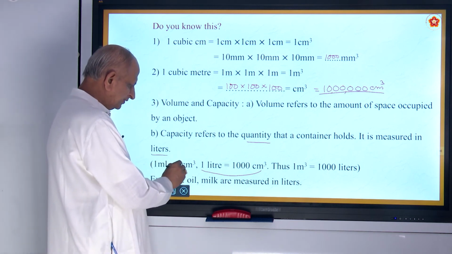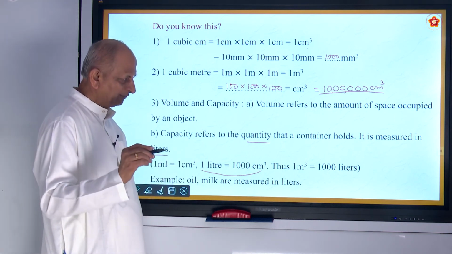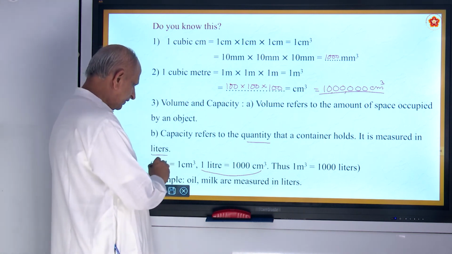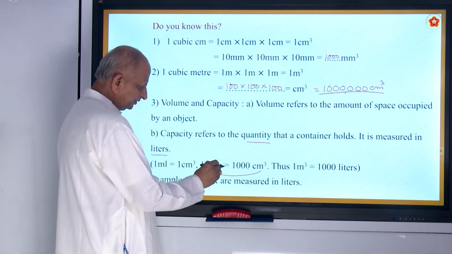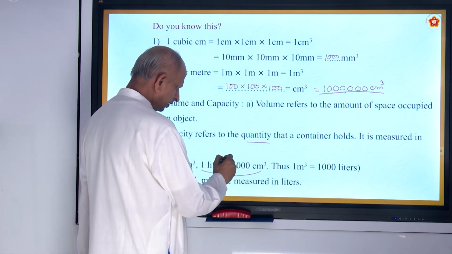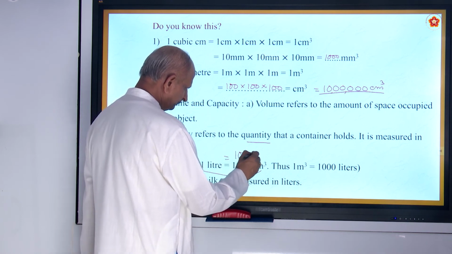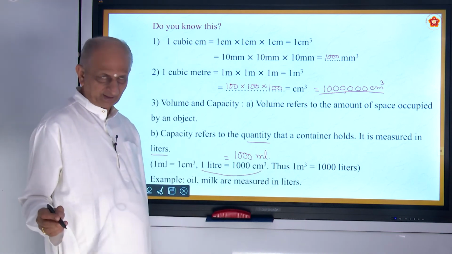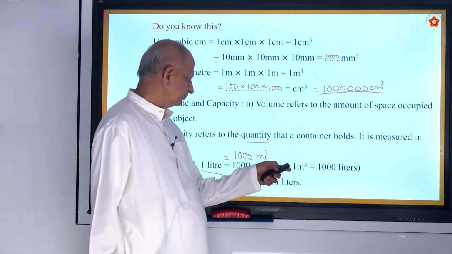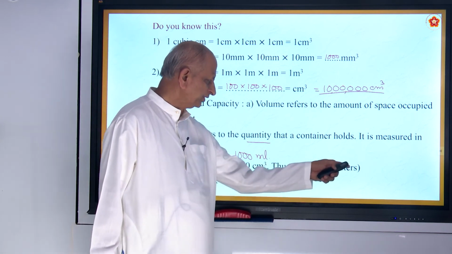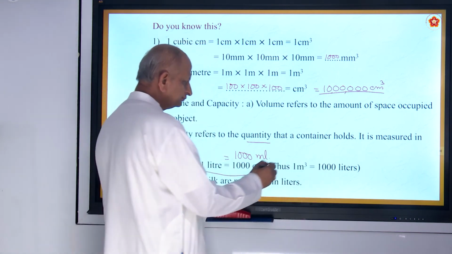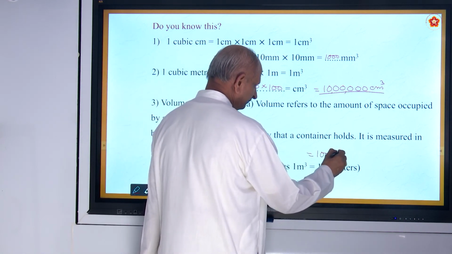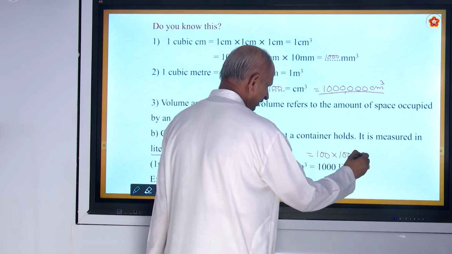So 1 ml means 1 centimeter cube. The volume of a cube of 1 centimeter length, breadth, height. That is 1 ml. So 1 liter means 1000 centimeter cube, or also called as 1000 ml, milliliters. Of course, we are referring to water here. And 1 meter cube means what? 1000 liters. How you got it? 1 meter means the 100 centimeter into 100 into 100.